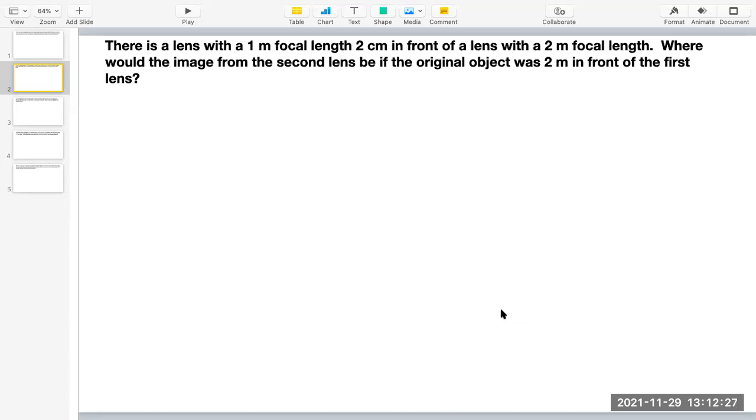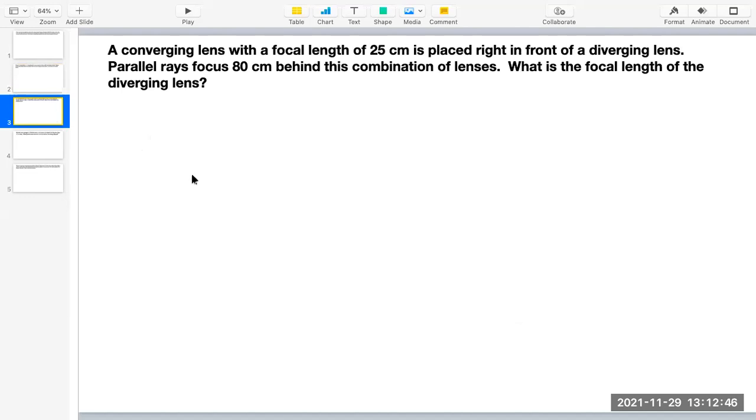That's the focal length, assuming the sun's directly overhead. So it's the distance it needs to focus parallel incoming rays. But a diverging lens doesn't do that. So a technique for measuring diverging lenses is pairing them with a stronger converging lens.